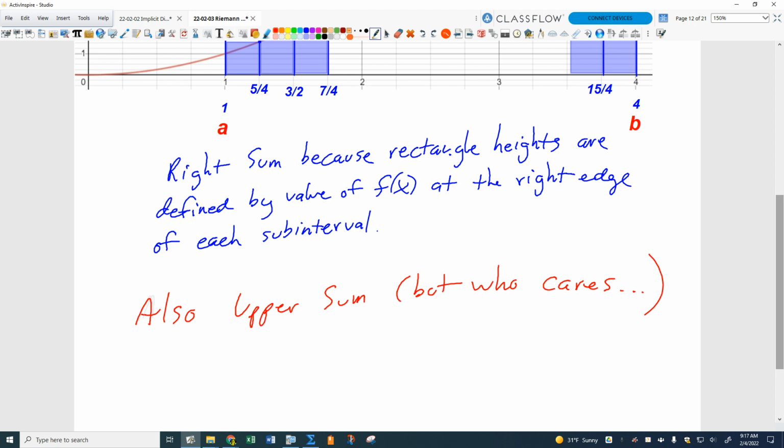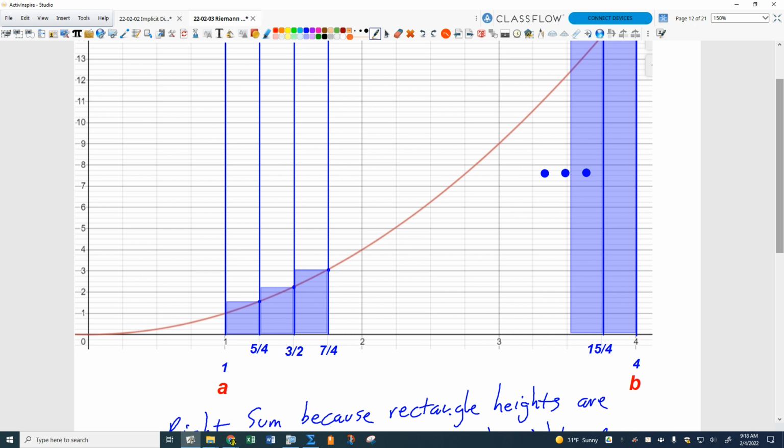But what we're going to do with it, we're going to pick something different. For our numerical approach, rather than having to try to find some average of upper and lower sums, we're going to use a different shape. We're going to use trapezoids instead of rectangles. We'll pick trapezoids where the left height of the trapezoid is defined by the height at the left edge of the subinterval, and the right edge defines the right height.